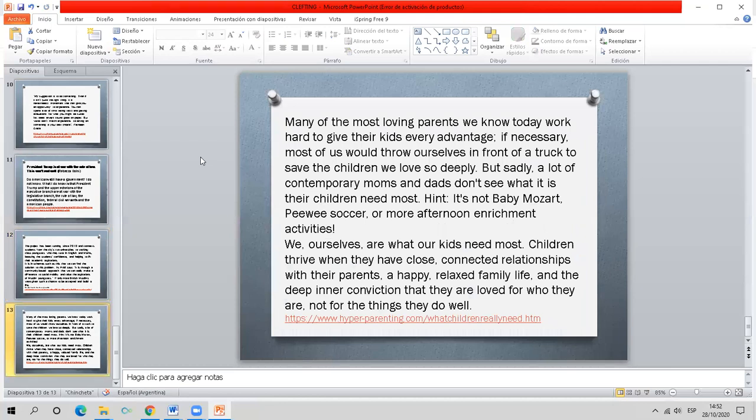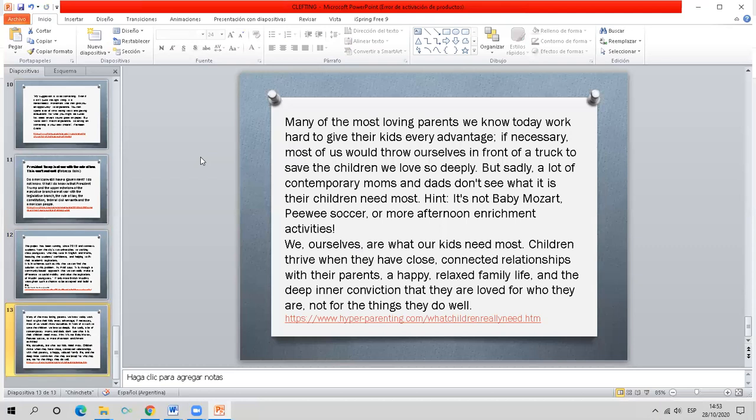Many of the most loving parents we know today work hard to give their kids every advantage. If necessary, most of us will throw ourselves in front of a truck to save the children we love so deeply. But sadly, a lot of contemporary moms and dads don't see what it is their children need most.